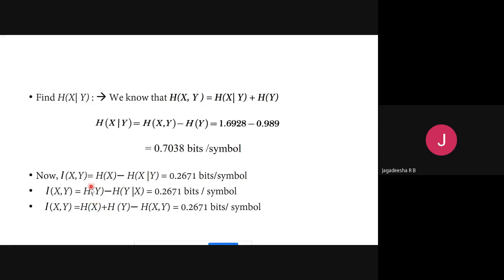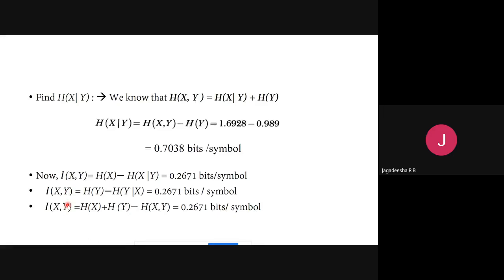So this is by the property. We have studied these properties in the 2 lectures, I think, before. So this says this is a mutual information, right? And another property that says the sum of the individual entropies of input and output minus the joint entropy of input and output is equal to the mutual information between X and Y. So these are based on the properties that we have studied.